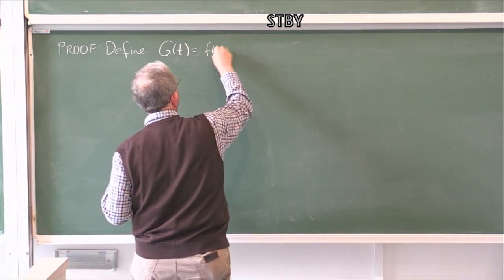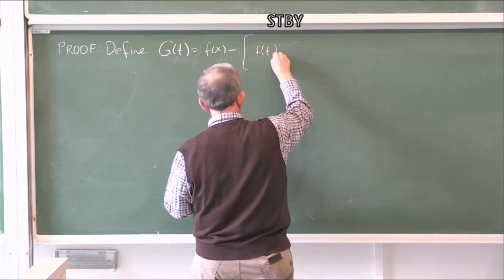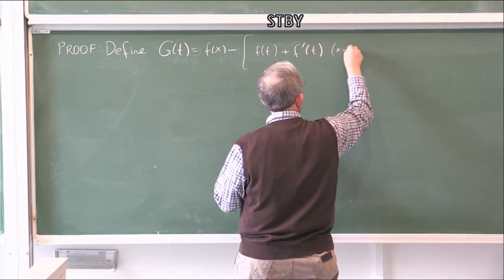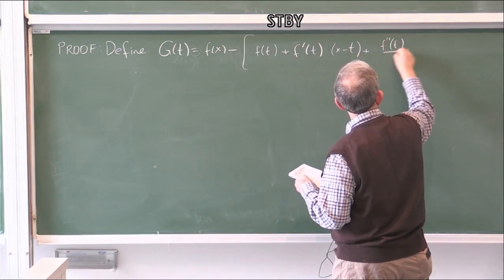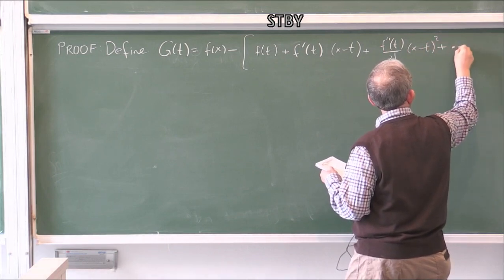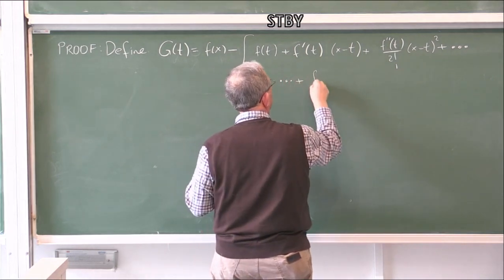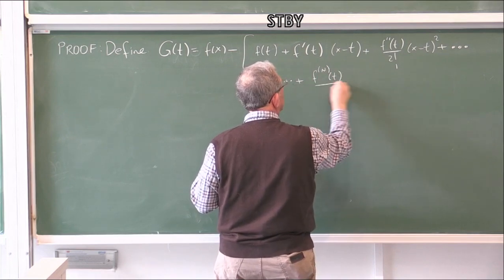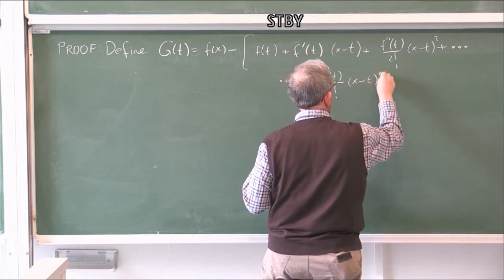So it is f of x minus f of t plus f prime of t times x minus t, plus f double prime of t over 2 factorial times x minus t squared, and we continue up to the nth derivative at t divided by n factorial times x minus t to the power n.